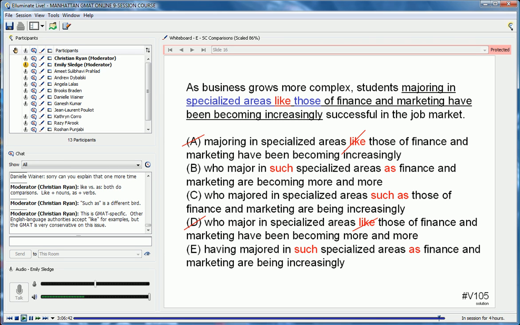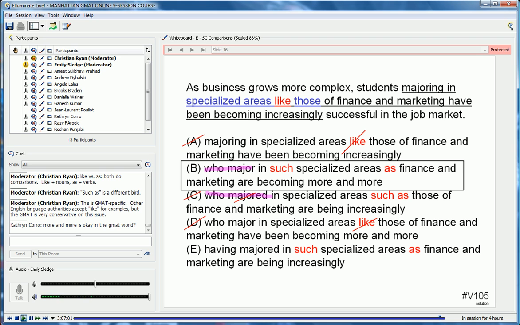We have "such as." We also have the correct tense. "Who major" makes better sense than "who majored." Past tense "majored" means they're not students anymore, they're alumni. So we can decide based on that. We can cross out C for verb tense error. There's also an idiom.